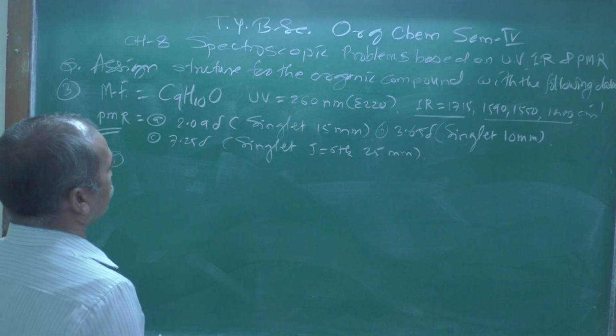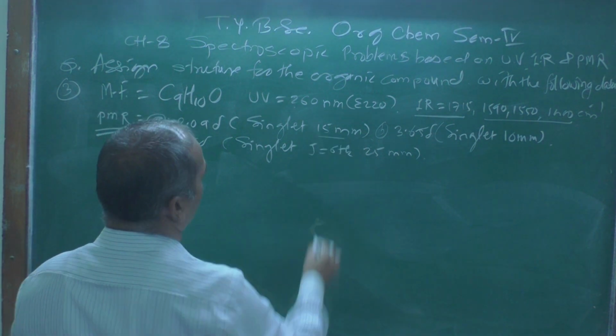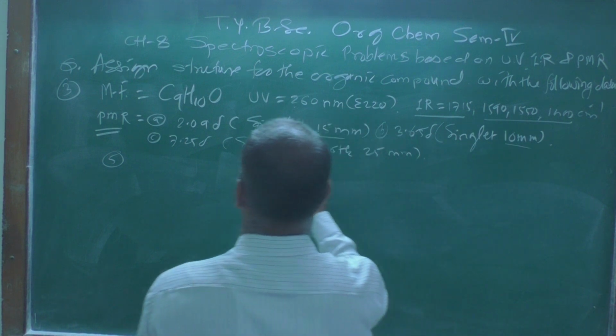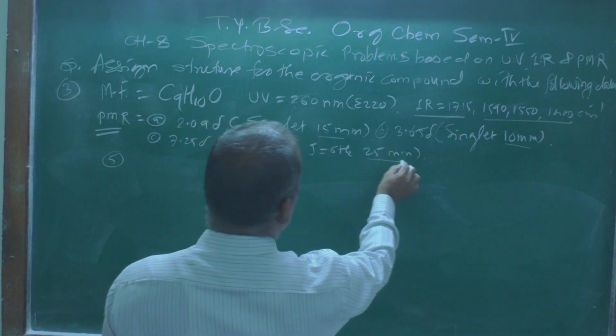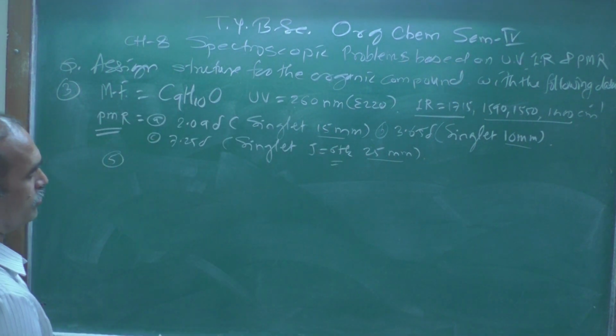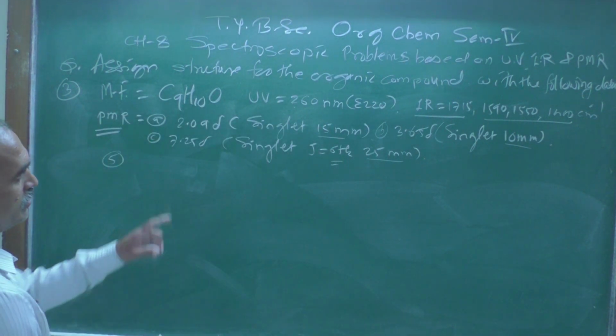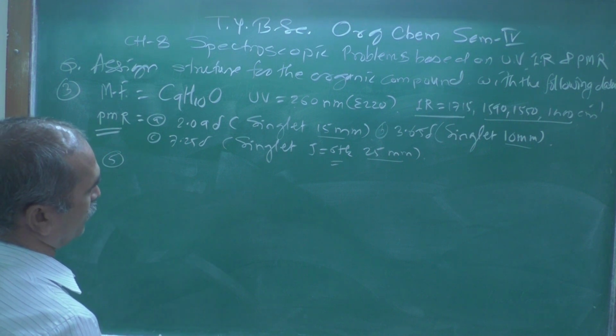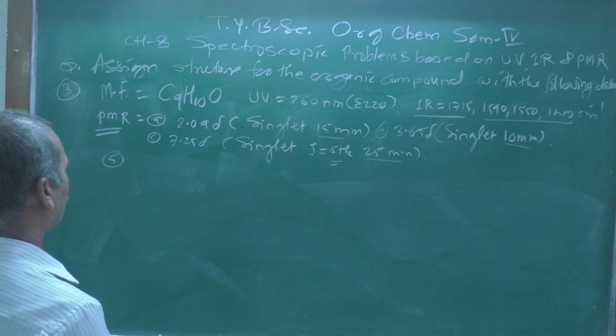Before that, the integrations, meaning signal heights, are given. The J value is given only one time, so from the signals you first have to calculate the proton ratio.